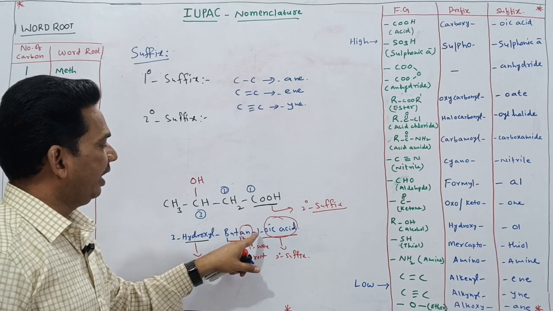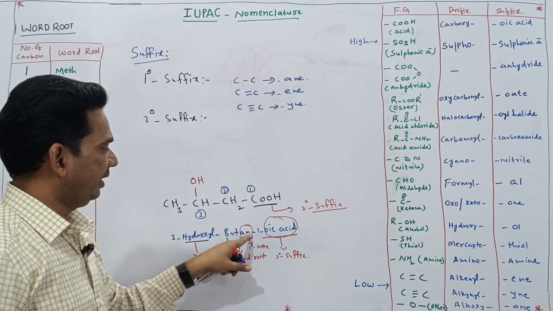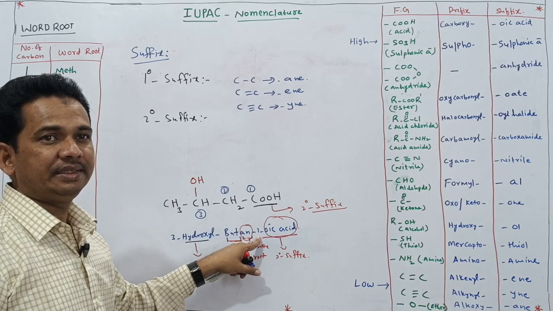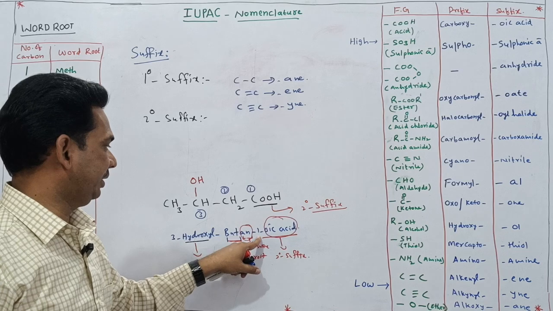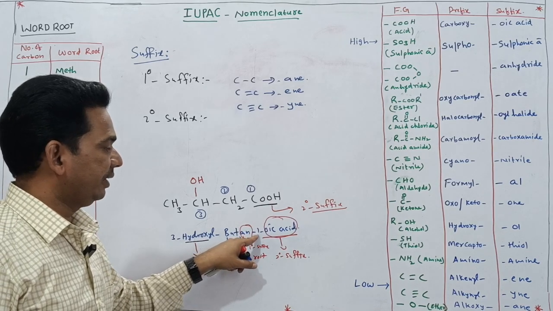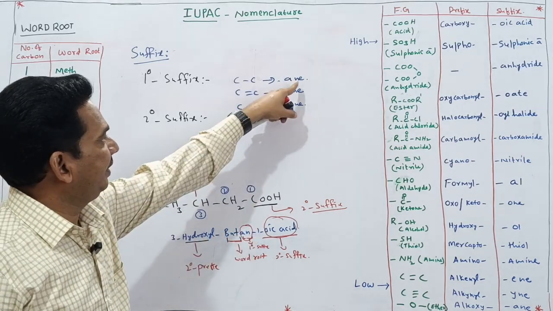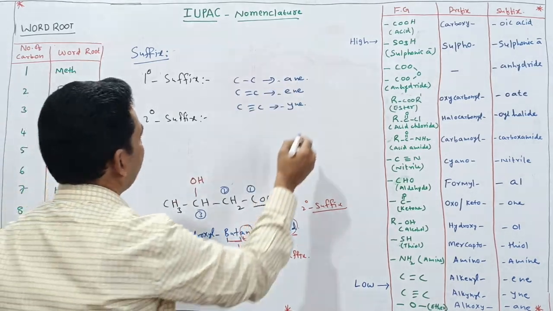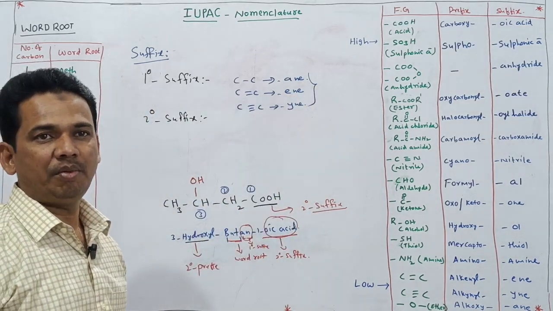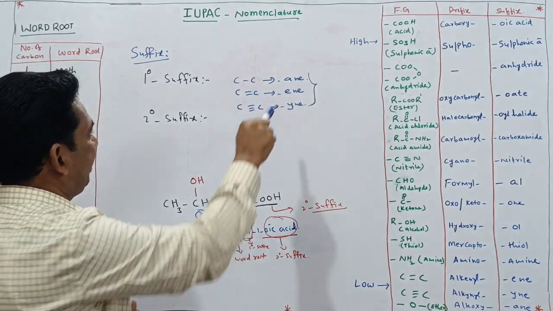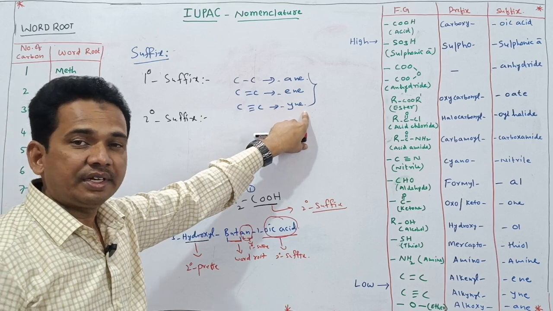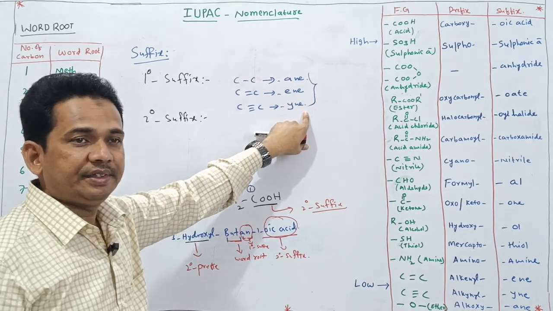Here, I skipped the e, that is part of nomenclature, the e is removed when oic acid is written. That's why we write only butan, an. An is called the primary suffix. Ene, the compound having a double bond, also comes under the primary suffix. Triple bond yne also comes under the primary suffix.